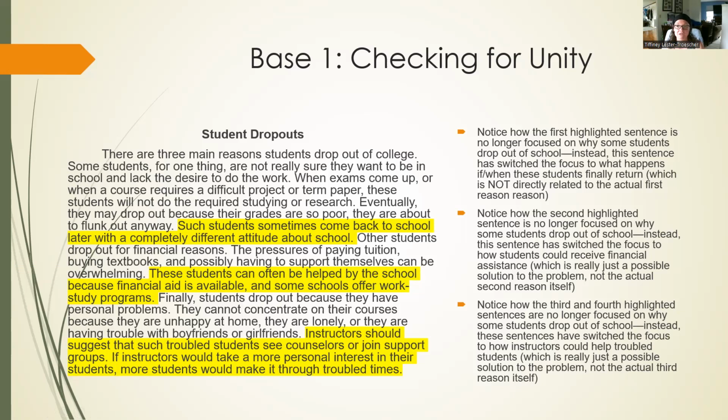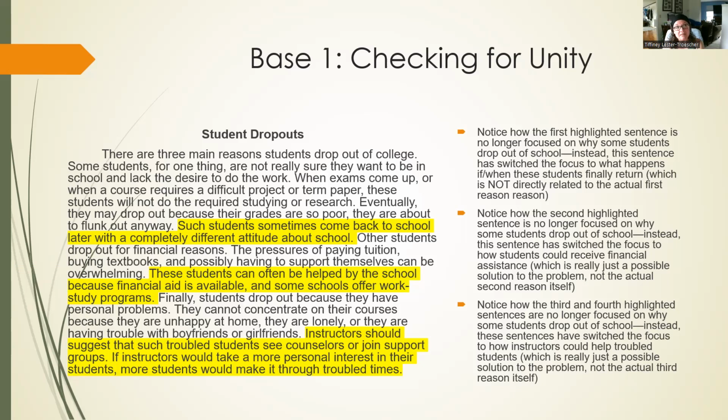So notice how this first highlighted section right here, "such students sometimes come back to school later with a completely different attitude about school." We've switched focus now. The focus is supposed to be on why they drop out, not what happens when they finally return, right?